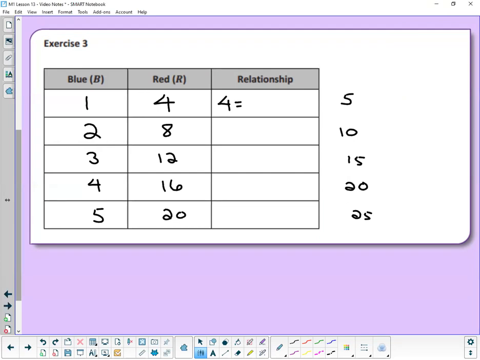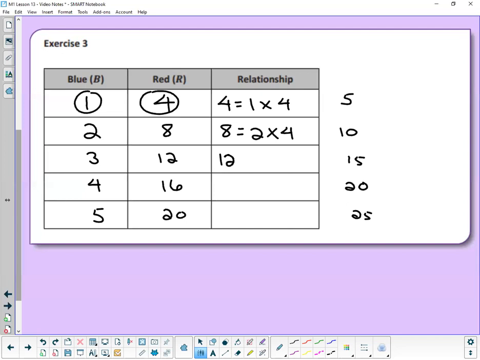Well, to get 4, you would do 1 times 4. In other words, you would do 1 here times the 4. So if you have 8 gallons of red, and you know that you have 2 gallons of blue, you would do 2 times 4. So in order to figure out how many gallons of red you need, what would you do with the amount of blue? I said yellow, but I meant blue.